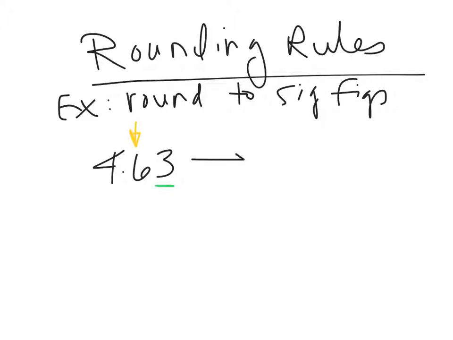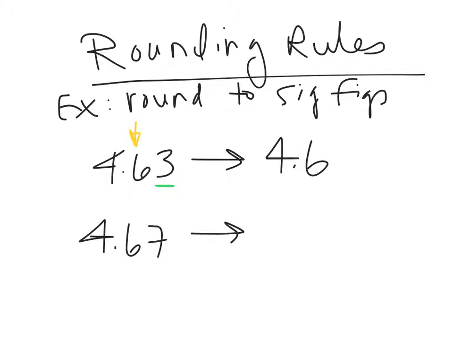So 4.63 rounded to 2 sig figs would be 4.6. Our next example, let's do 4.67. If we round that one to 2 sig figs, now we're at 4.7. So again, we're rounding to this position using 7 as our determiner.